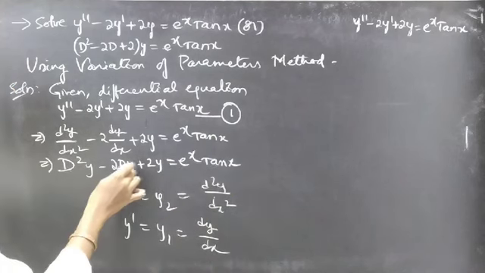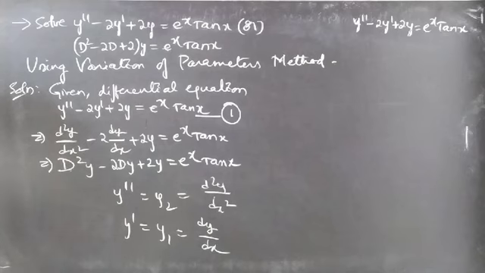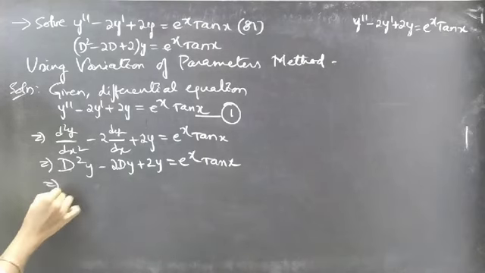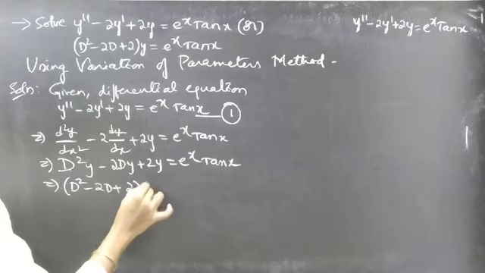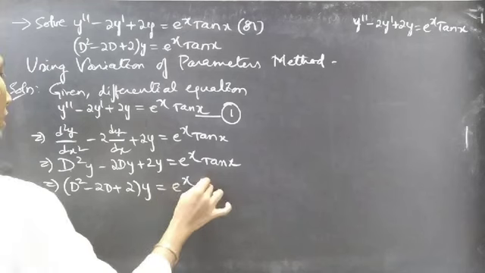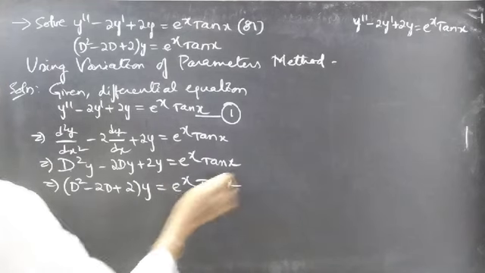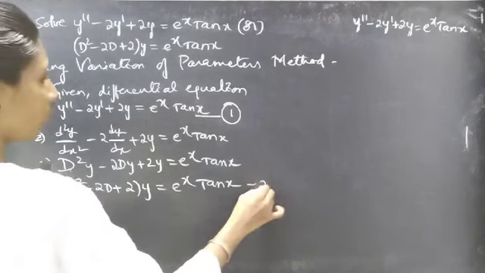Now take y common from all the three terms of the LHS. Then (D square minus 2D plus 2) into y equal to e power x tan x, which is in operator form.